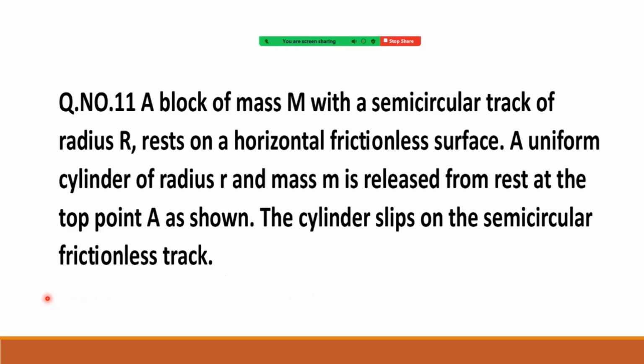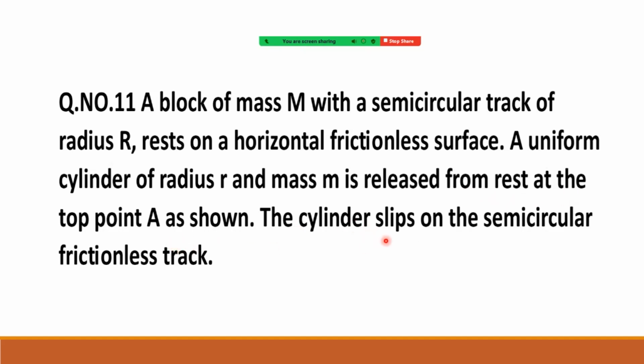Let us see the next one. A block of mass capital M with a semicircular track of radius capital R rests on a horizontal frictionless surface. A uniform cylinder of radius r and mass m is released from rest at the top point A as shown.